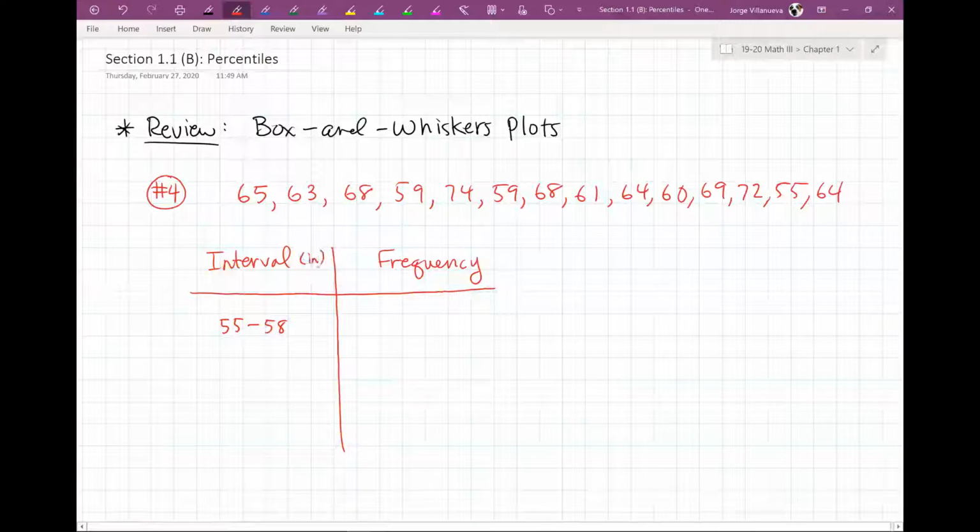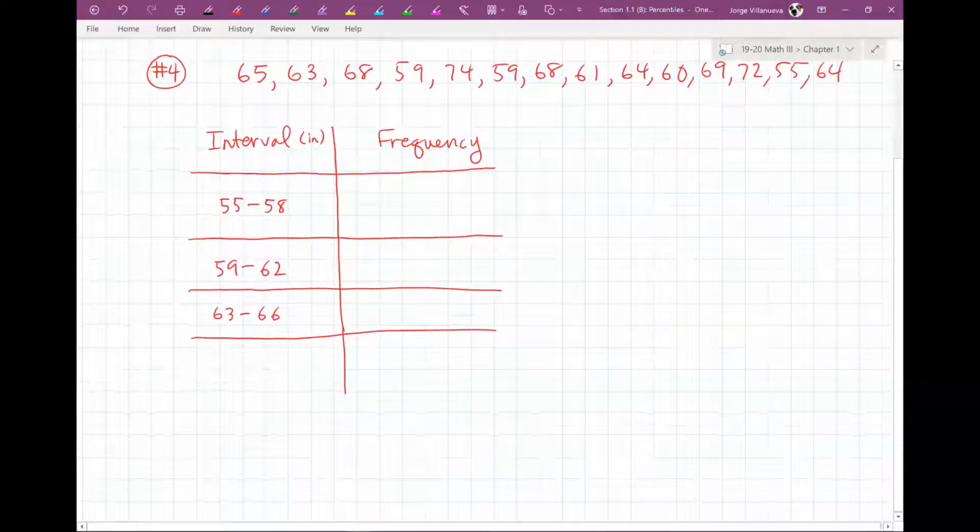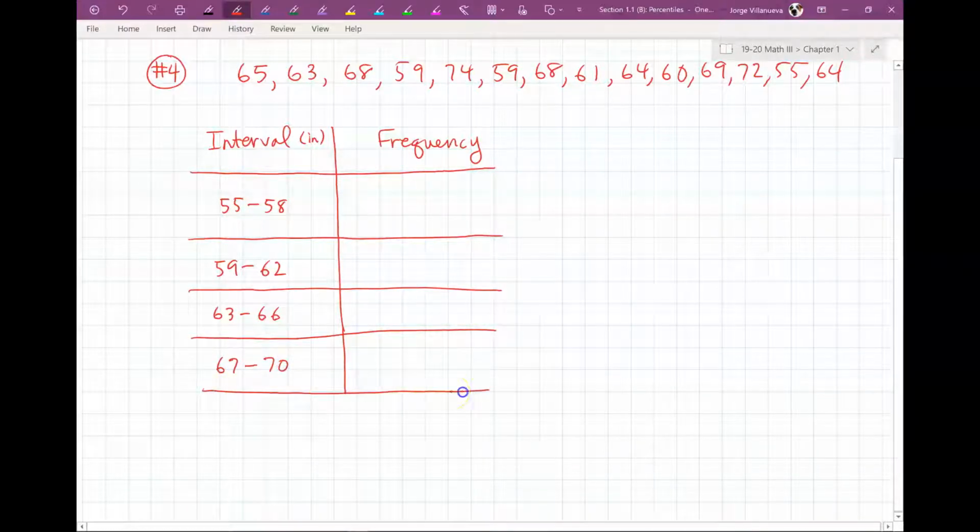I'm going to put right here inches. And then 59 to 62, and 63 to 66, to kind of extend this a bit. 67 to 70, and then 71 to 74.